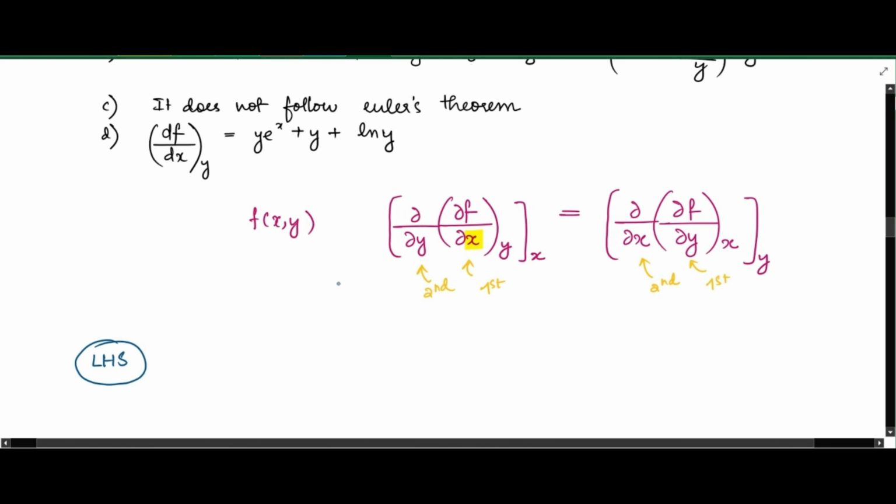In the LHS you will take the derivative of f with respect to x first, keeping y constant.